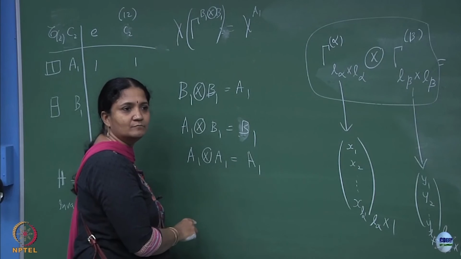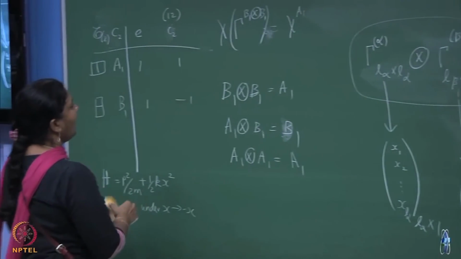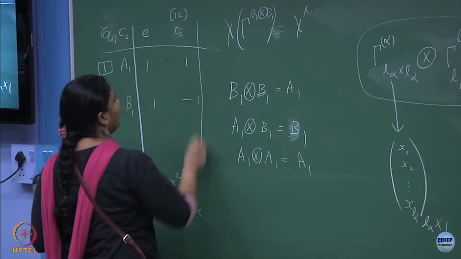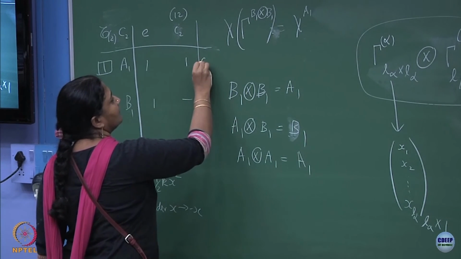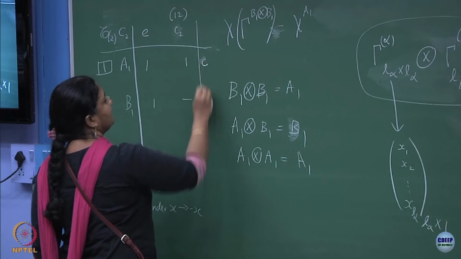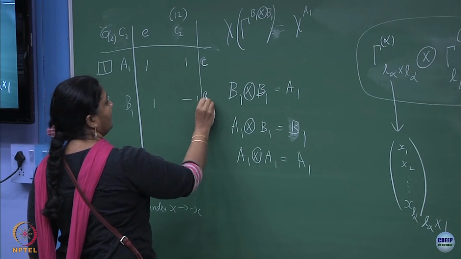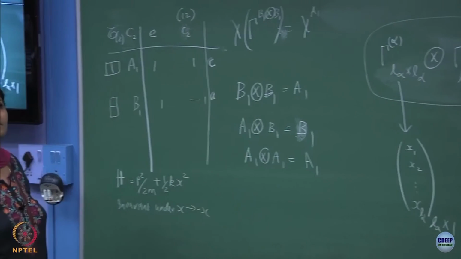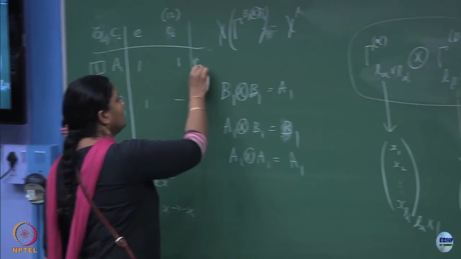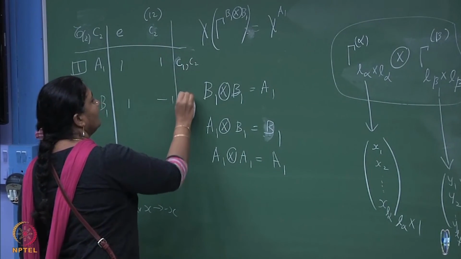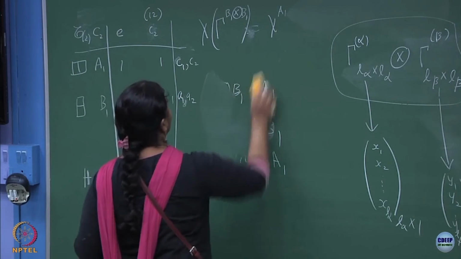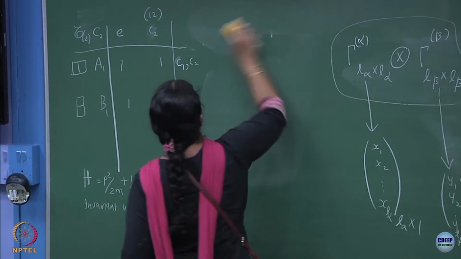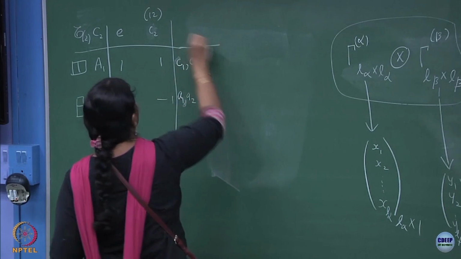A1 cross A1 is trivial, that is going to be again A1. So, if you had a binary basis, let us say that the basis was here, let me call it C, and here I will say A as the basis. So, let me call C1, C2 and A1, A2 the basis. So, this is the primary basis.